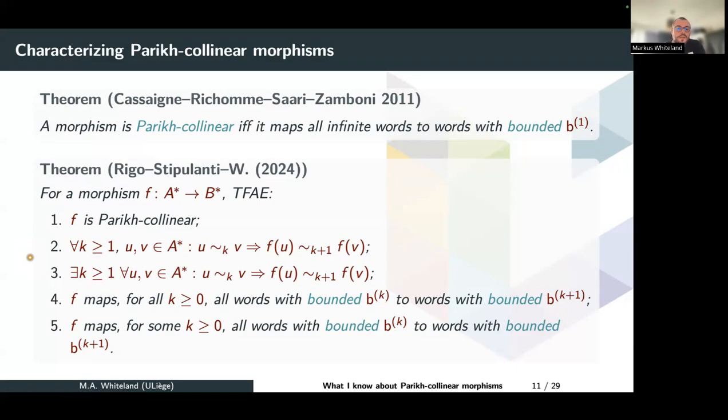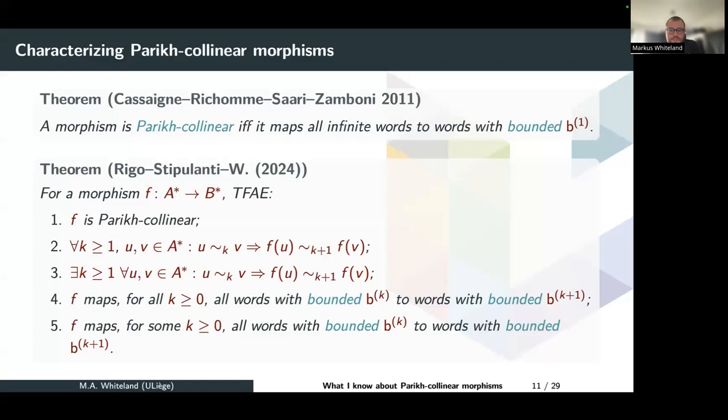So here, if you take any k, at least 0, then all words with bounded k binomial complexity are mapped to words with bounded k plus 1 binomial complexity. Here for k equals 0, it's understood that 0 binomial equivalence is just the equal length relation.